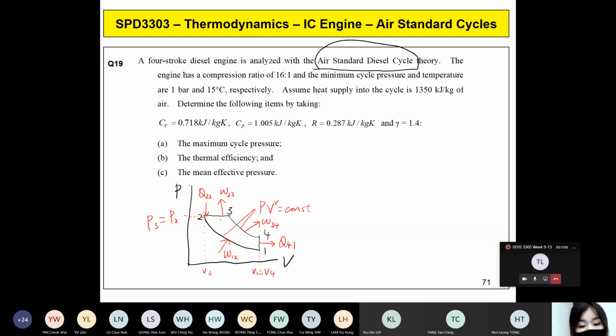P3 equals P2. First thing, draw the PV diagram. Okay? Then, next step, let's write down the known values.